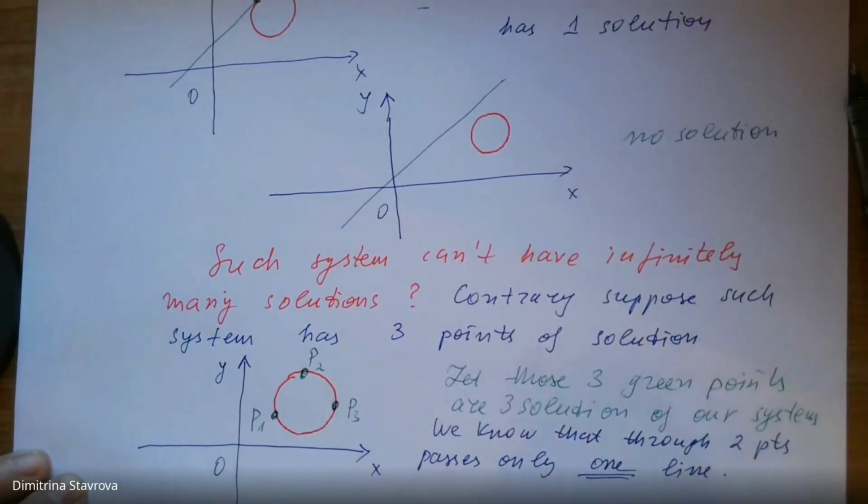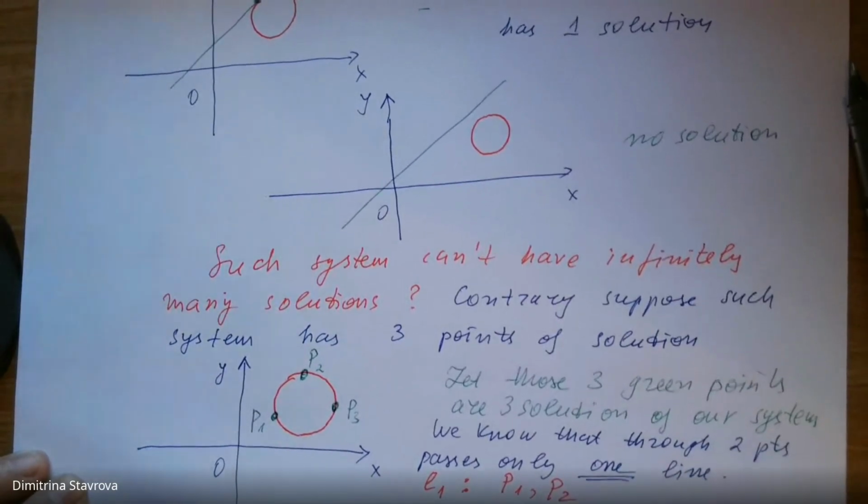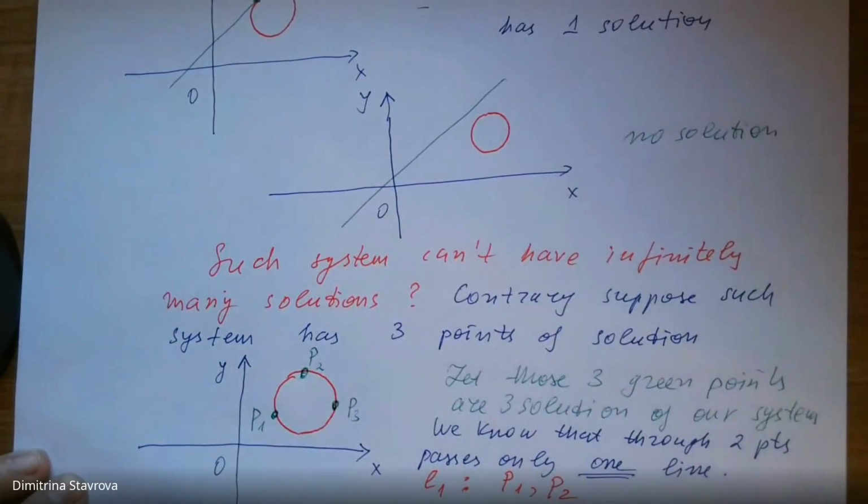So let L1 be the line that passes through P1 and P2.